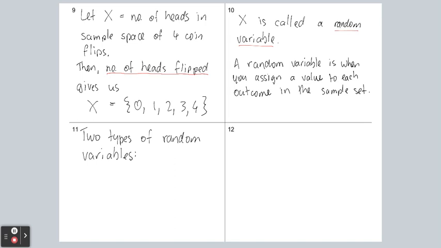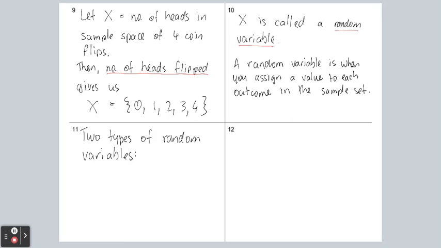Okay, and this is where my language gets a little bit rubbery in an attempt to keep the words simple. When you assign a value to each outcome in the sample set, now the sample set was all 24 possibilities there, and relating it back to what Tian asked before, what we're saying is we're collecting those outcomes together to describe the circumstance.